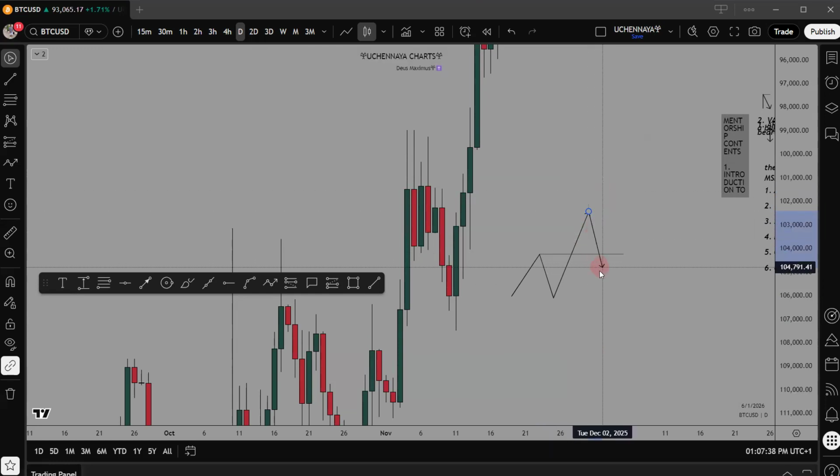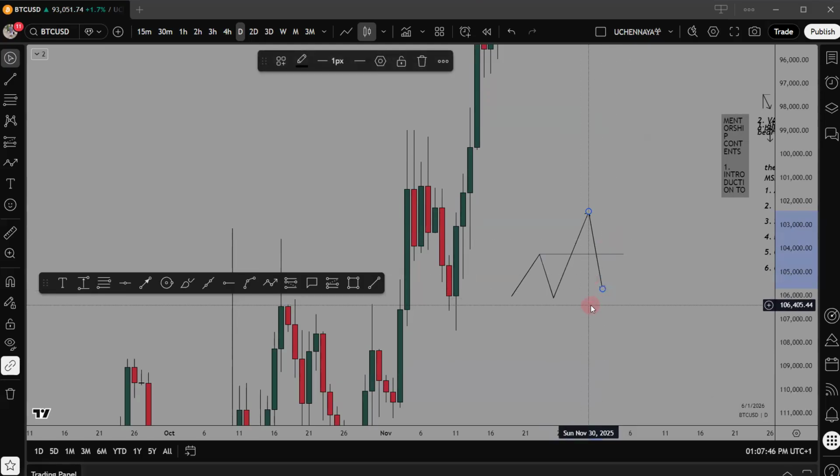But then instead, price comes and breaks that RBS again, resistance becoming support, it breaks it again, and here becomes your new left shoulder. Here becomes your QML, your bearish QML.